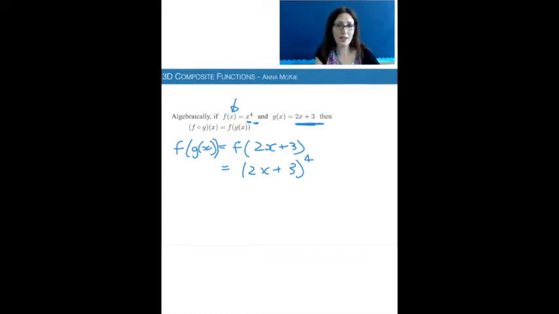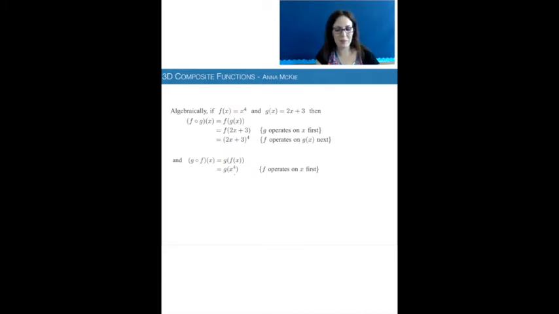The question often arises, is it the same reversed? Is g of f of x the same thing? Here's one written out a bit more nicely. As you can see, the first one we did there, that's that 2x plus 3 to the power of 4. When you're looking at the reverse, when you have g of f of x, for the g function, where you had an x, you're going to put in the whole of f of x.